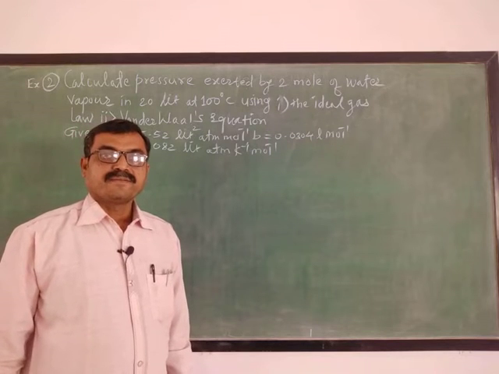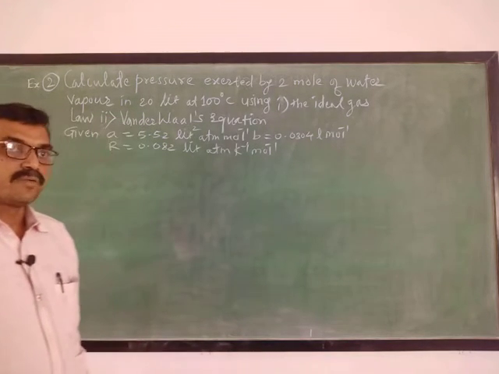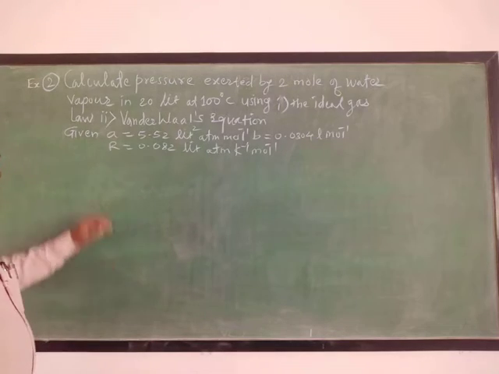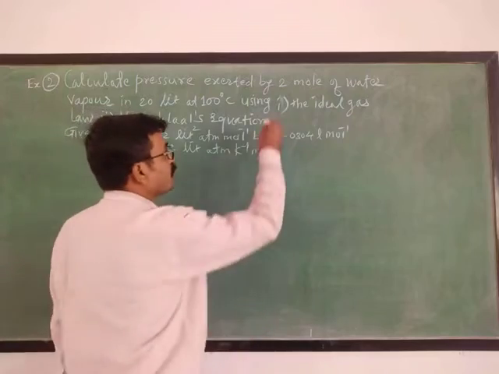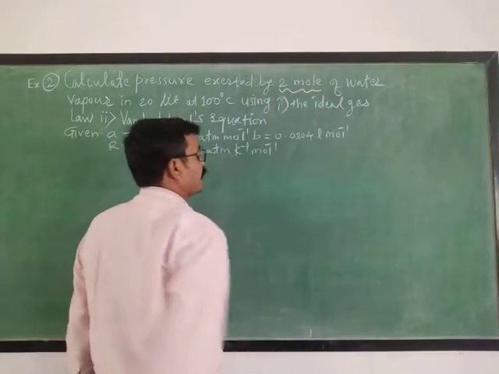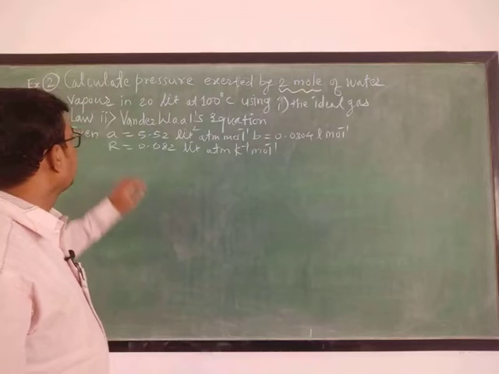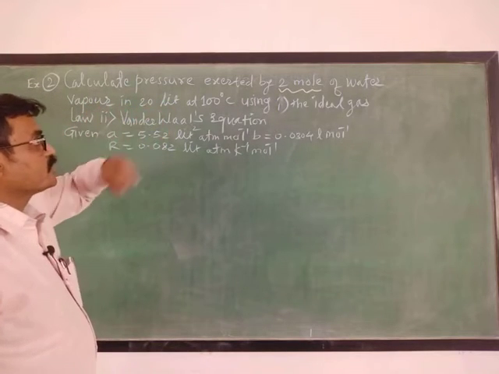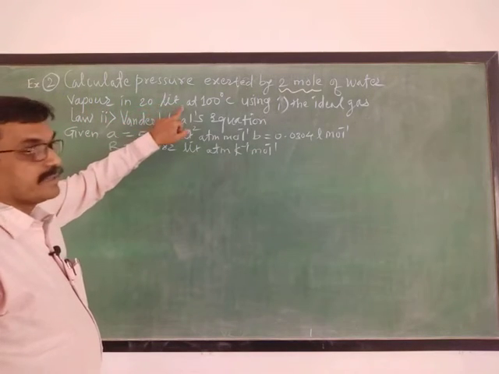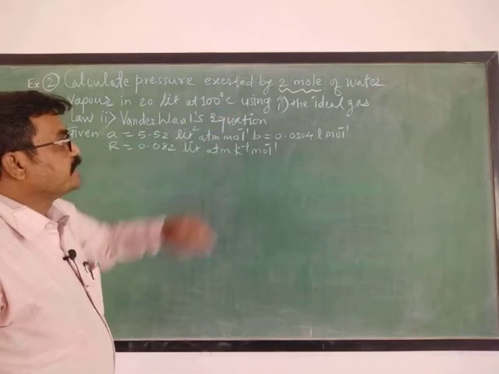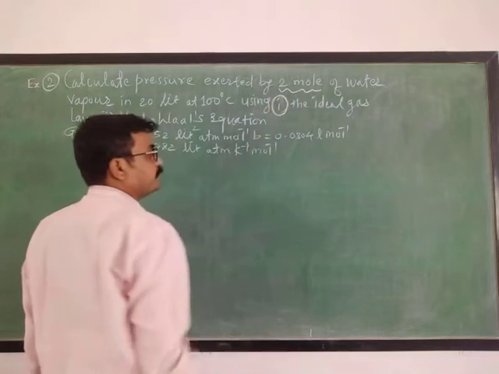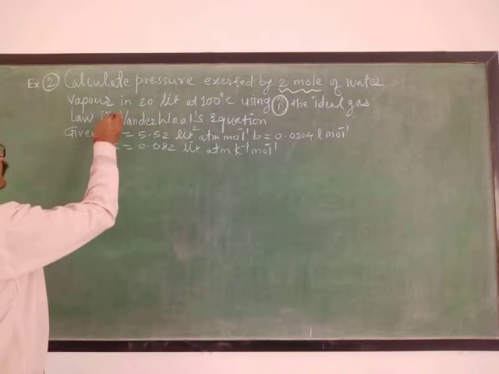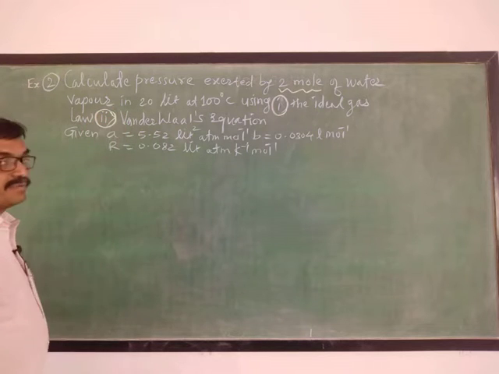See the second example on the van der Waals equation of state. Calculate the pressure exerted by 2 moles of water vapor gas in 20 liters at 100 degrees Celsius using the ideal gas equation and by using the van der Waals equation.